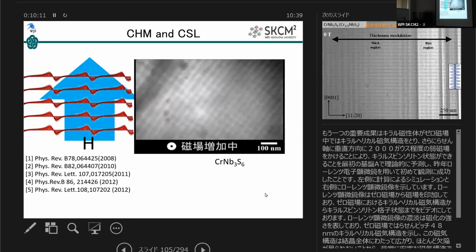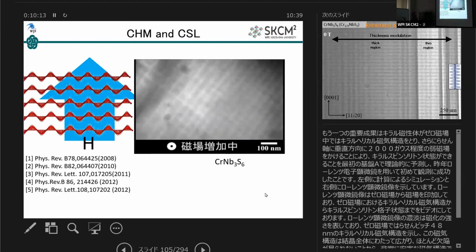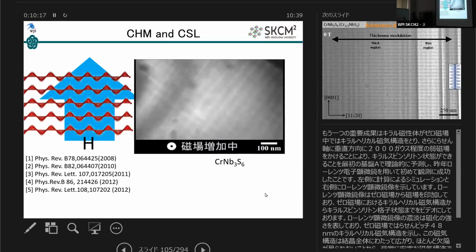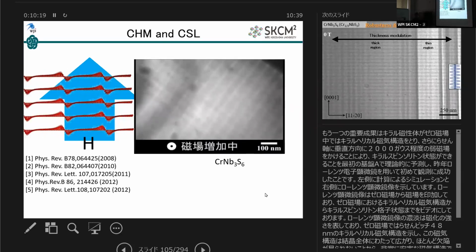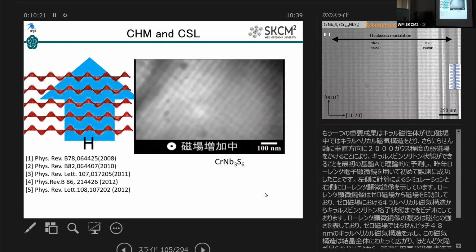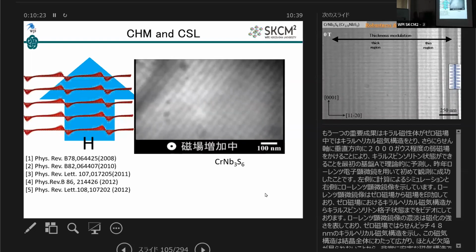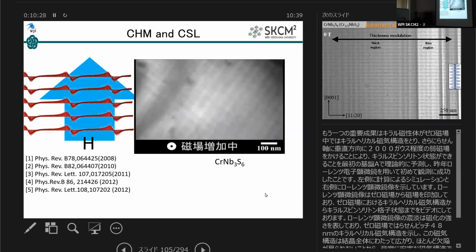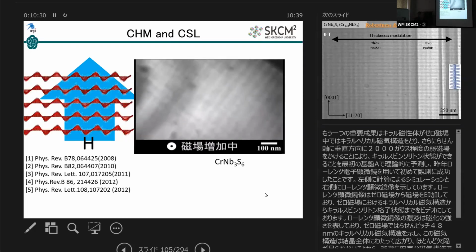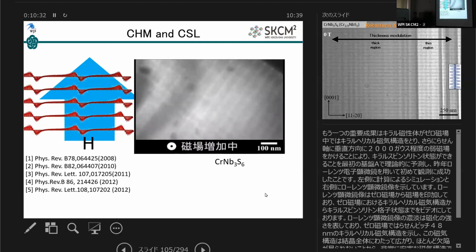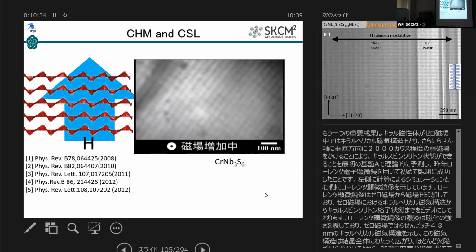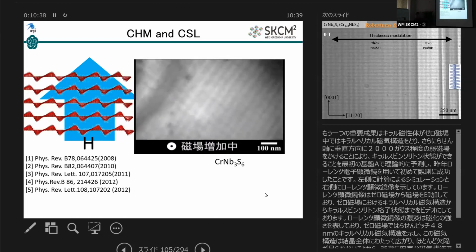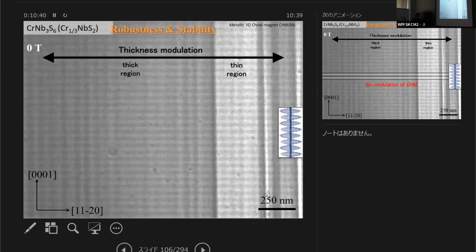Of course, we can apply a magnetic field in the measurement. This is a video of applying a perpendicular magnetic field on this system. You can see the pitch of the soliton gradually changing from 418 angstrom to infinite length, and going back when decreasing the magnetic field.